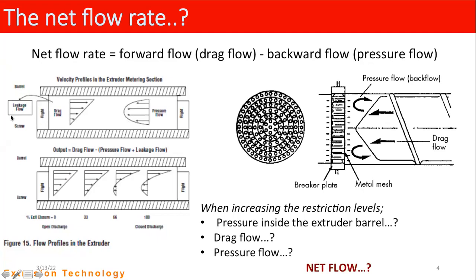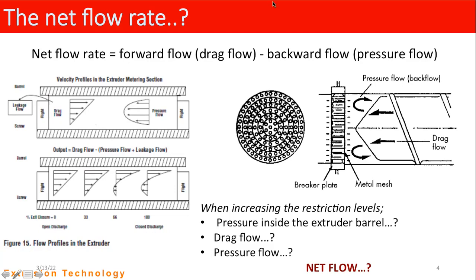And here you can see a term, leakage flow, right? In the first picture, you can see the pressure flow and the drag flow. But what are the differences between these two, pressure flow and drag flow?